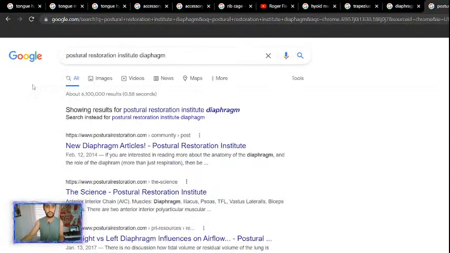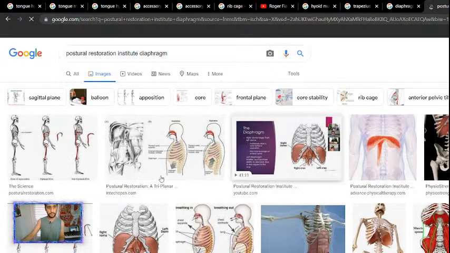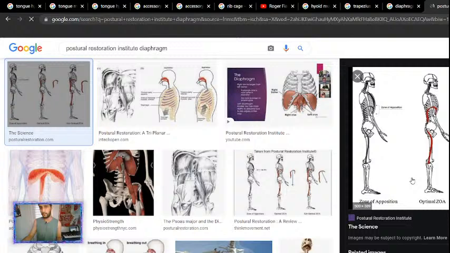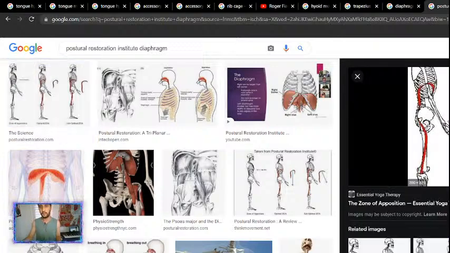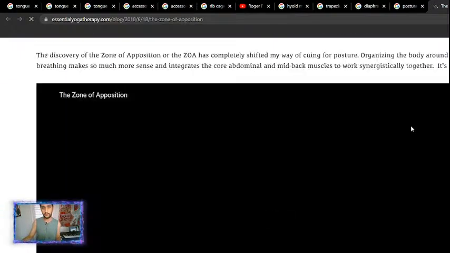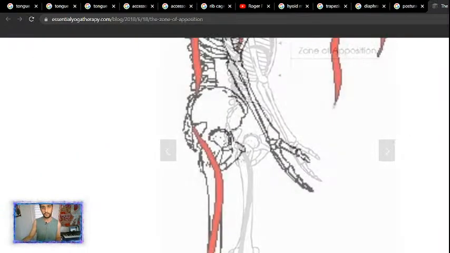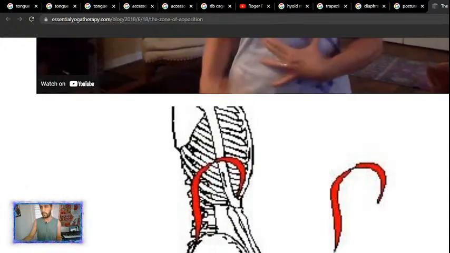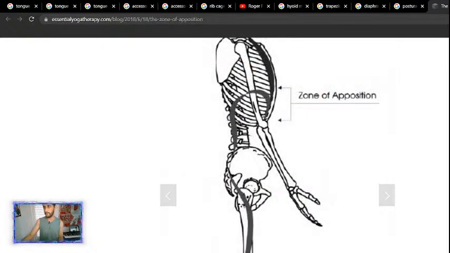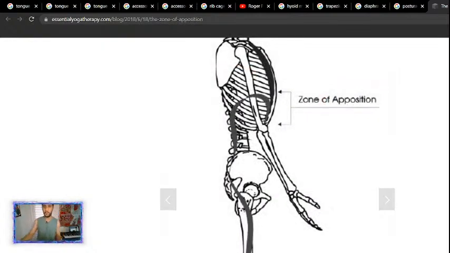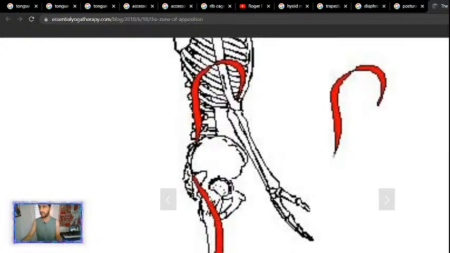See if we can get a good picture of this. Here you go. So the Postural Restoration Institute recognizes this as well. Can you see what they're pointing at here? This is your diaphragm, and it links down this muscle right here that they've got going down the leg.